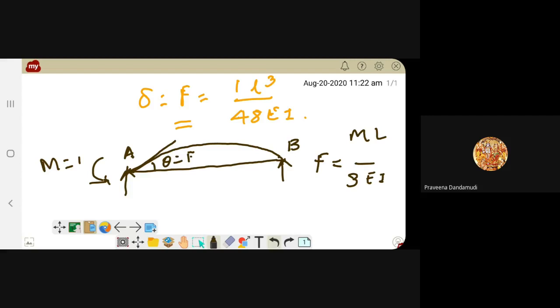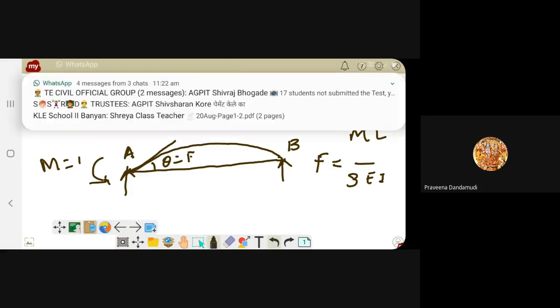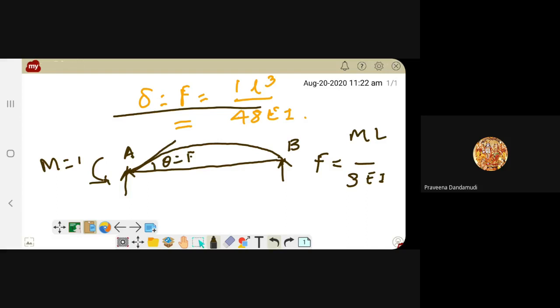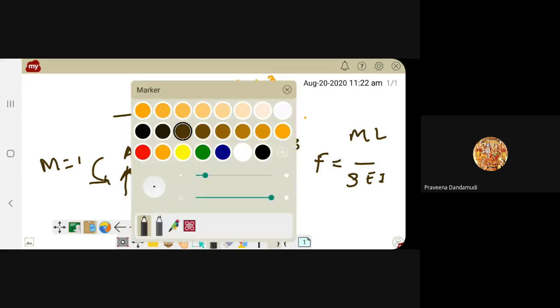This is also correct, but I'm not considering the force. If you consider the force, then ultimately you will get WL square upon 16 EI as the slope. With this, I'm trying to explain the flexibility coefficient. You just take a note.